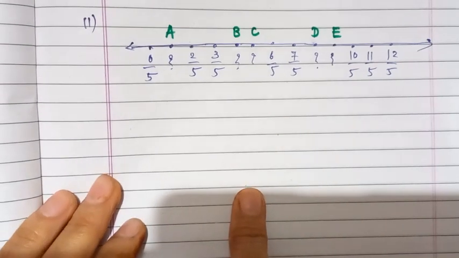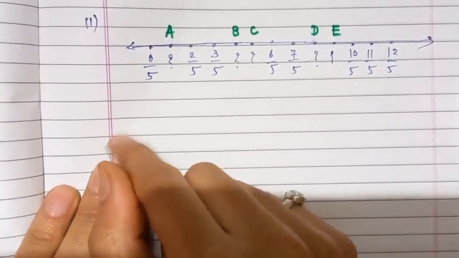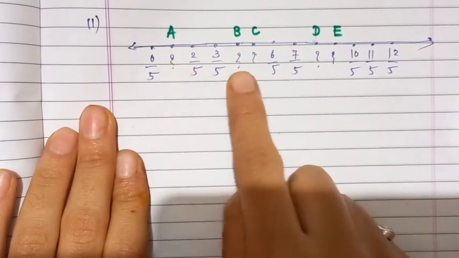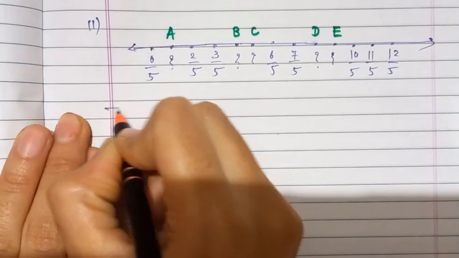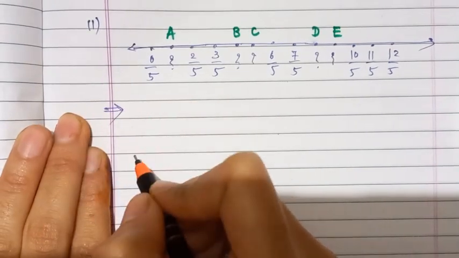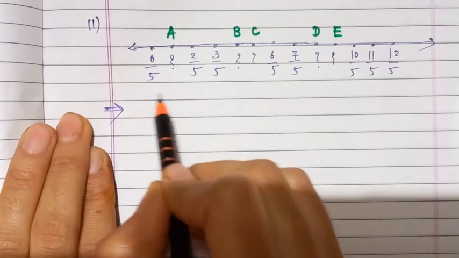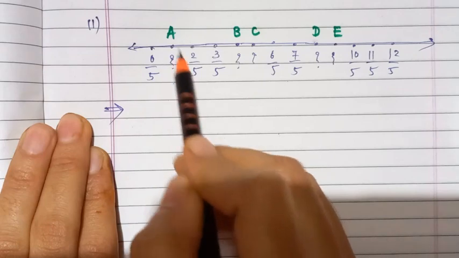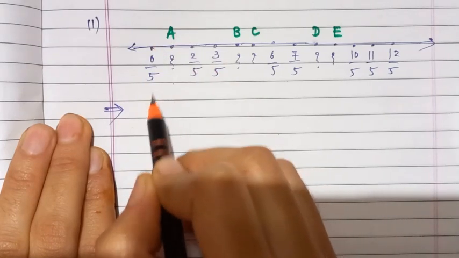Now in this question we have to find these numbers. First we calculate the difference between two numbers. Can we calculate the difference between these two? No, because here one number is not given, so we can't calculate the difference between these two.